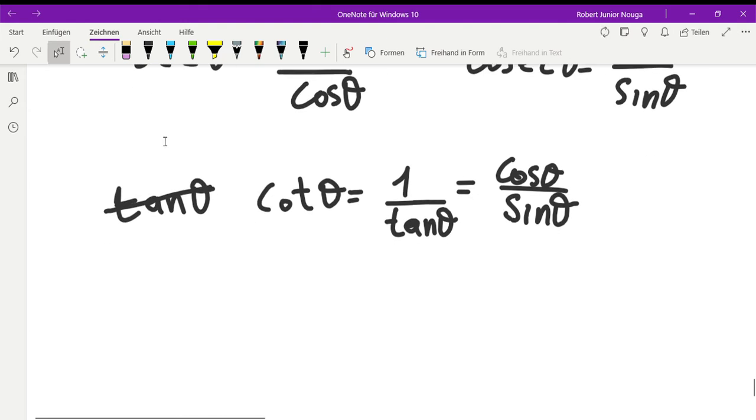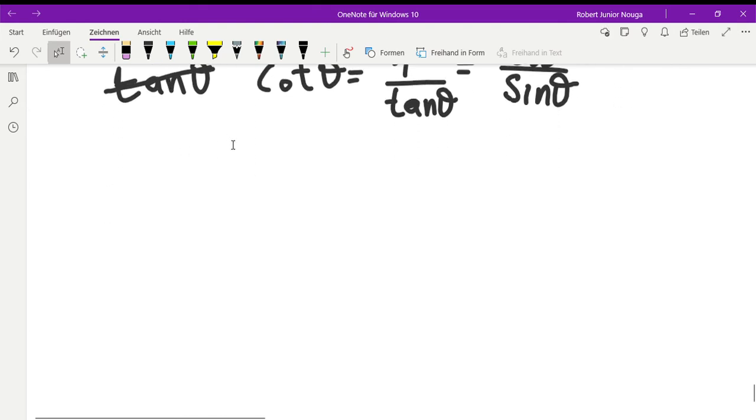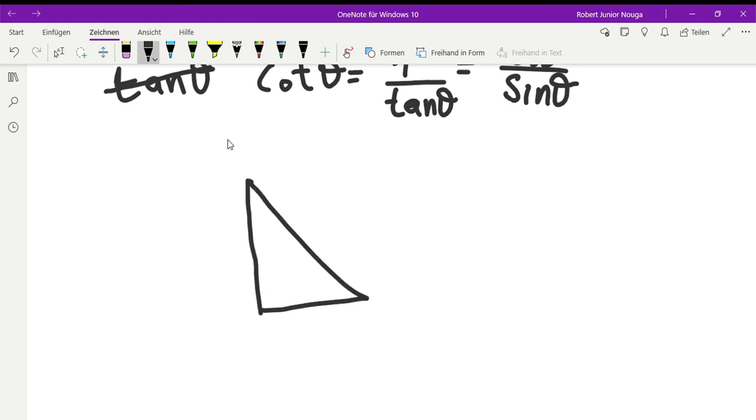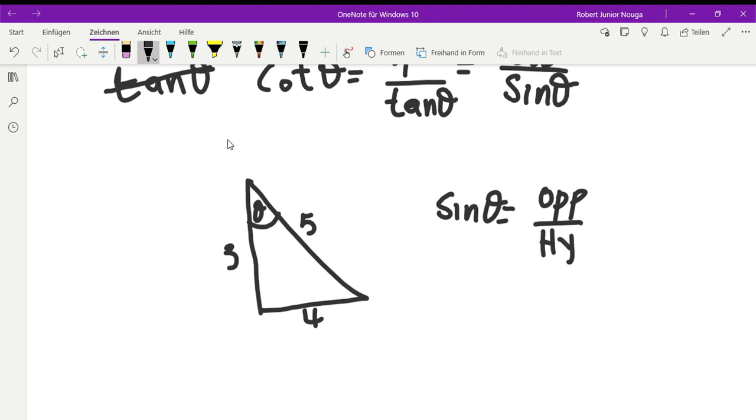Let us look at some examples of how to apply all these formulas. I have my triangle, here is my theta, here is, let us say, 5, here is 4, and here is 3. So the sine function will be equal to the opposite divided by the hypotenuse.